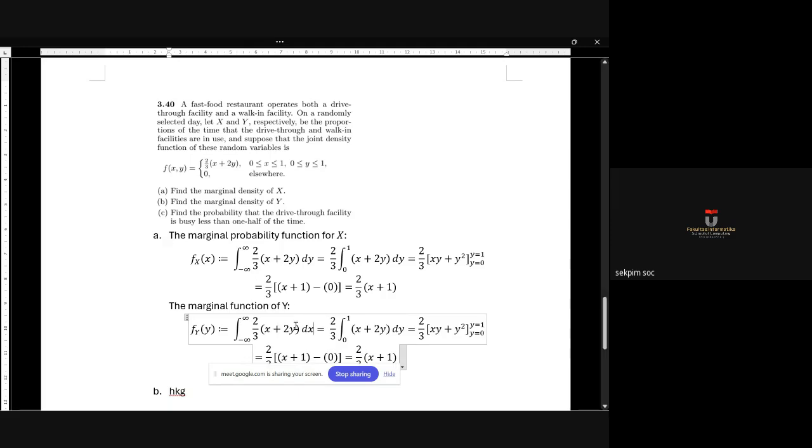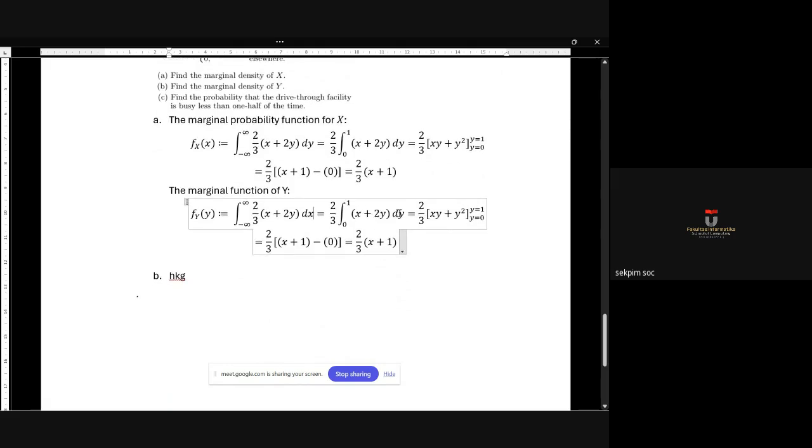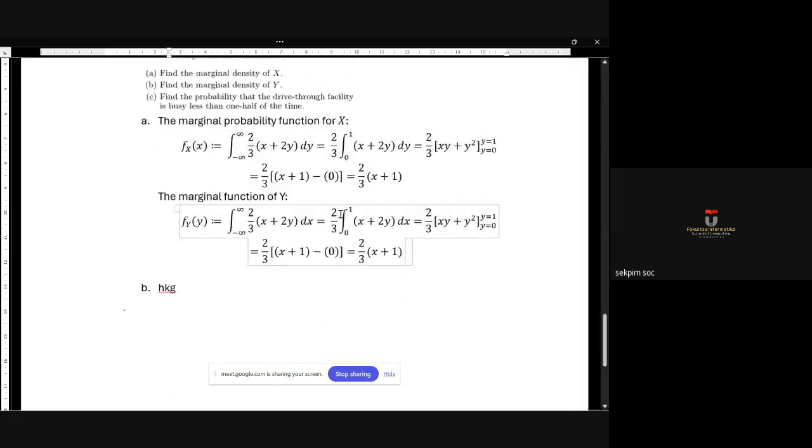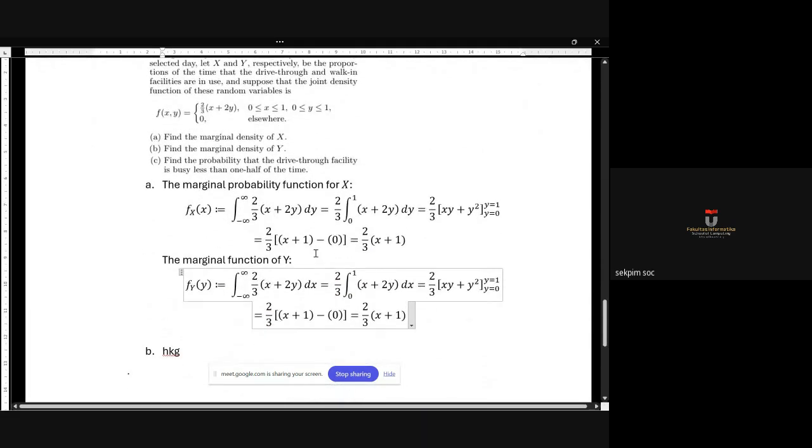With the same function here, but this is for x. So we change this one also for x. It lies between 0 to 1 for non-zero value function. So we take the integral, remaining only 0 to 1 for non-zero, and we take the constant out of the integral. Okay, but here the antiderivative is different, right?